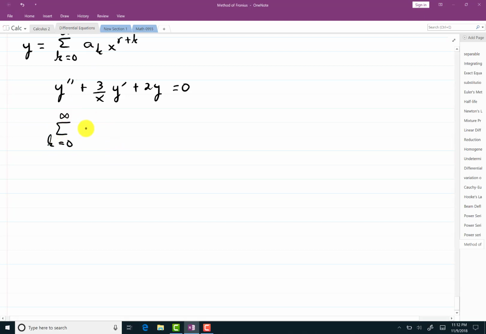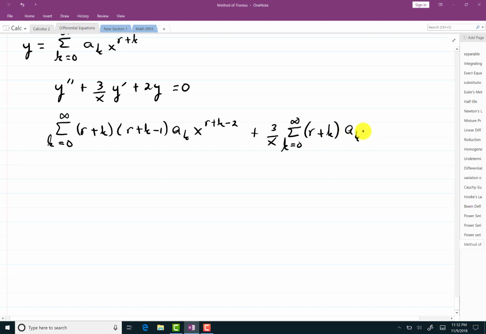So when we take the second derivative, we'll have, as usual, r plus k times r plus k minus 1, a sub k, x to the r plus k minus 2, plus 3 over x times the sum k equals 0 to infinity, r plus k, a sub k, x to the r plus k minus 1, and then finally plus 2 times the sum k equals 0 to infinity, a sub k, x to the r plus k.